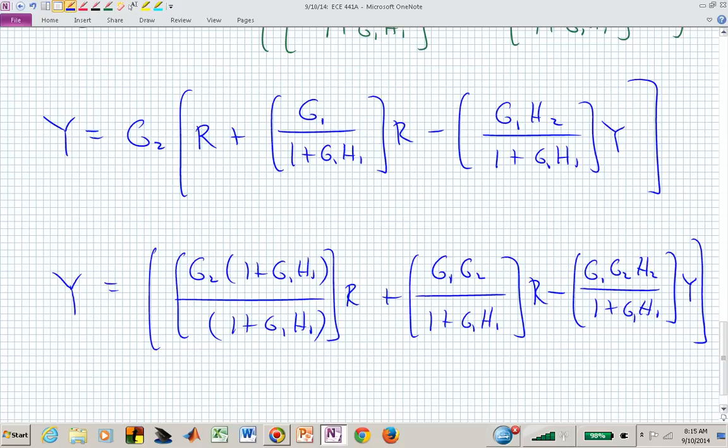Now what I want to do is multiply both sides through by 1 plus G1 H1, and now I will simply have a polynomial equation.